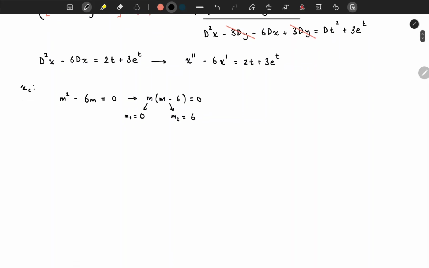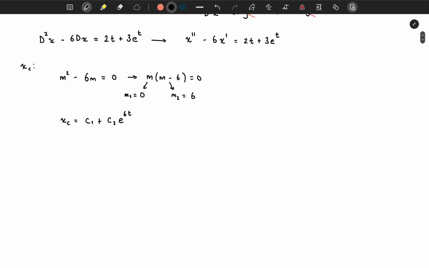So that means our complementary solution, xc, is going to be equal to c1 e to the power of 0, which we know is just 1, plus c2 e to the power of 6t. So this right here is our complementary solution.